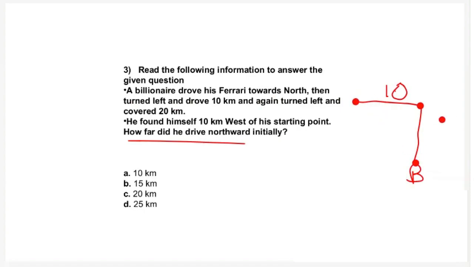This is the 10-kilometer mark. Then he again turned left and covered 20 kilometers. He found himself 10 kilometers west of his starting point, that means he's exactly over here somewhere. That will be his end point.